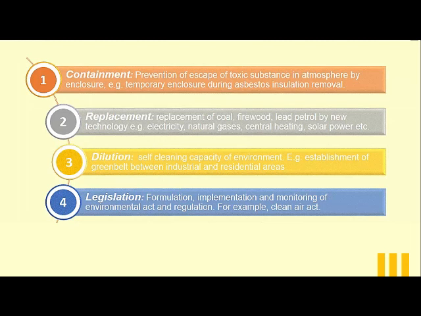The fourth major step in control of air pollution is legislation. Legislation means the formulation, implementation, and monitoring of environmental acts and regulations. For example, application of the Clean Air Act.